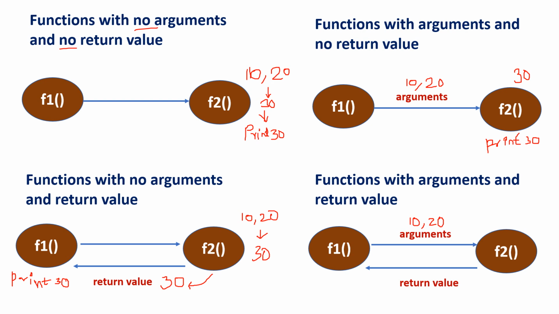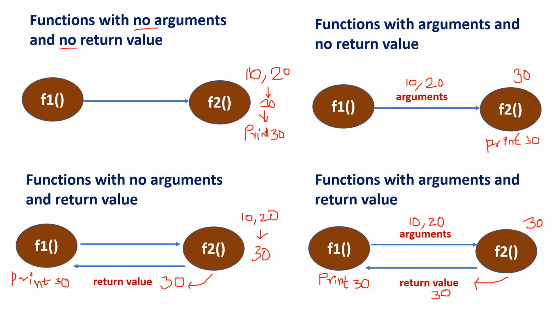The f2 function will calculate the sum of 10 and 20, which is 30, and 30 is returned to the f1 function. Now the f1 function will make use of that 30 value, or let us say it is printing the 30 value.